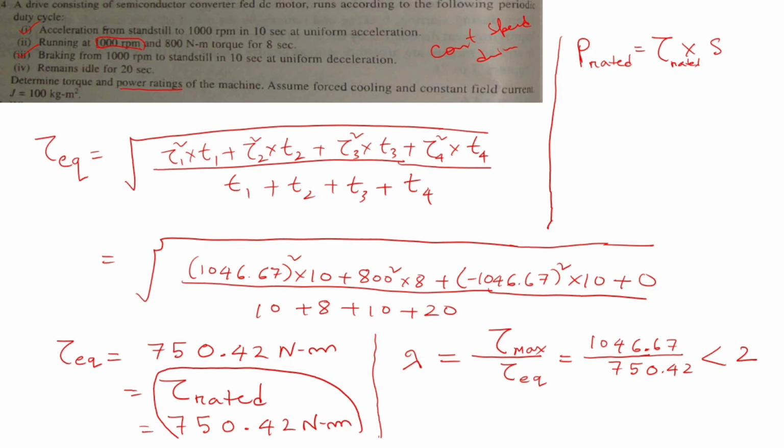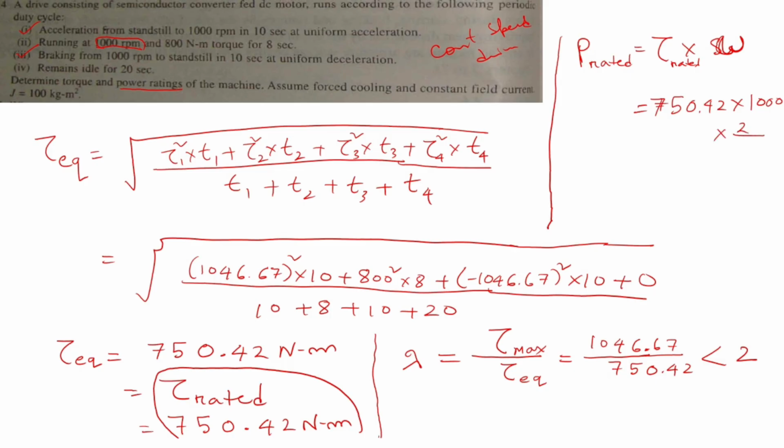Then we have to solve it. The tau rated that we have found is 750.42 into the speed, which we denote by omega. Speed was 1000 rpm, but as I have already told, we have to change the speed into SI unit.